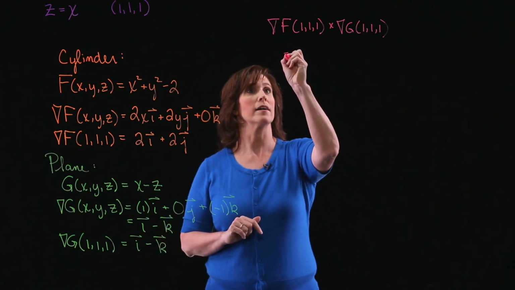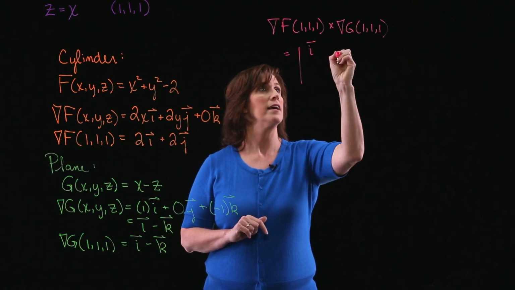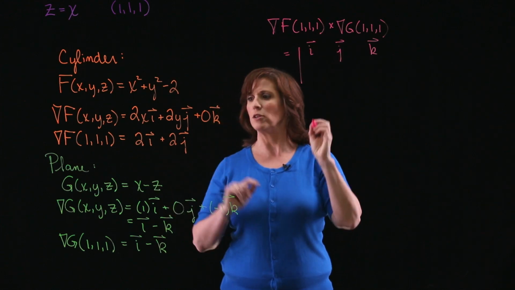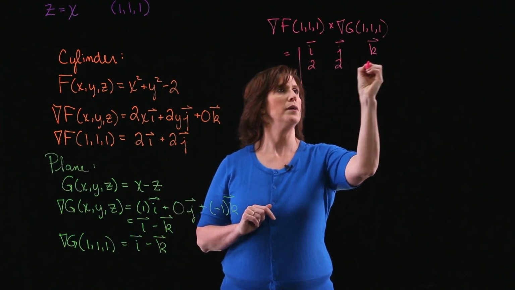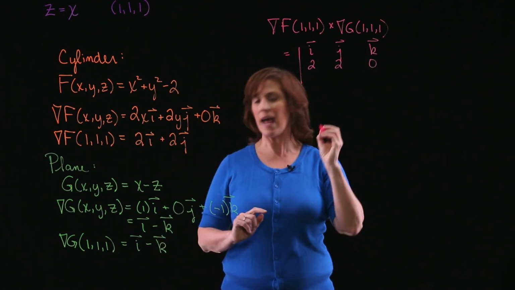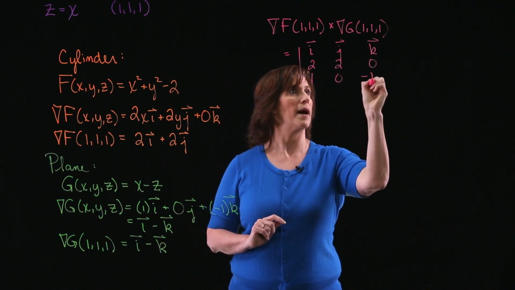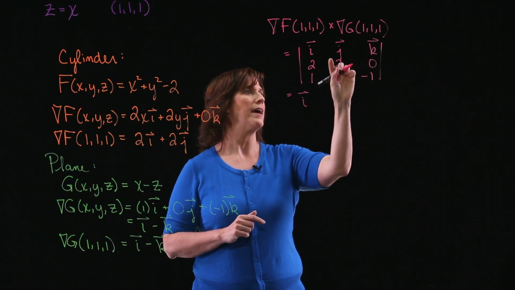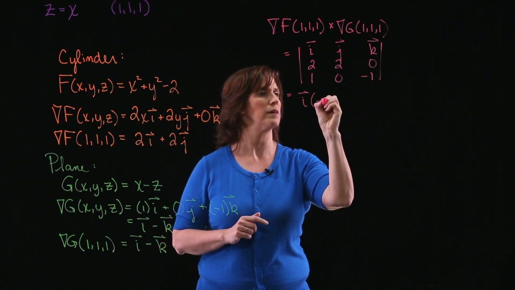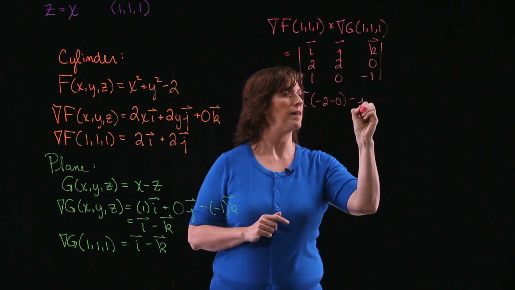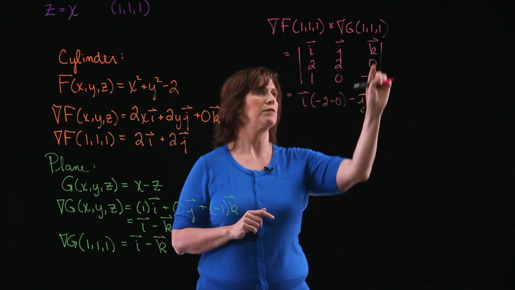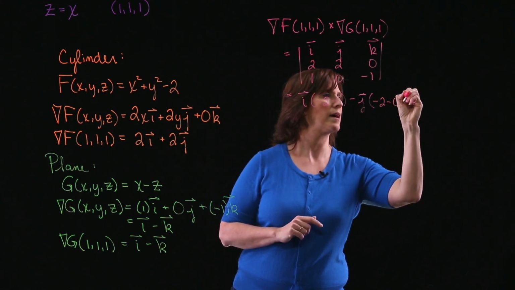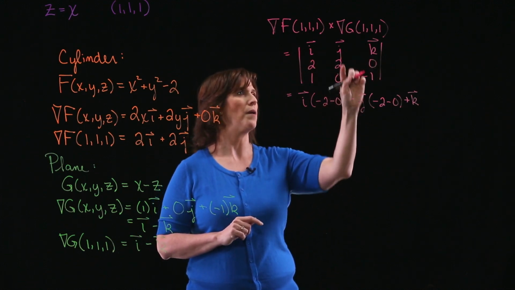I know to take the cross product, I need to look at my vectors i, j, and k. For the gradient of f, I'll be looking at 2, 2, 0. And for g, I'll be doing 1, 0, minus 1. So when I take this cross product, I'll have vector i times negative 2 minus 0, minus vector j times negative 2 minus 0, plus my vector k times 0 minus 2.